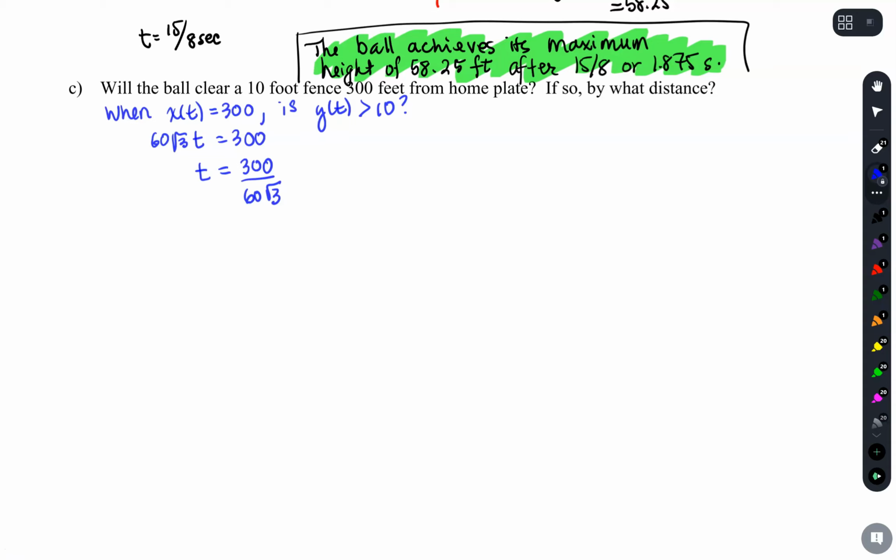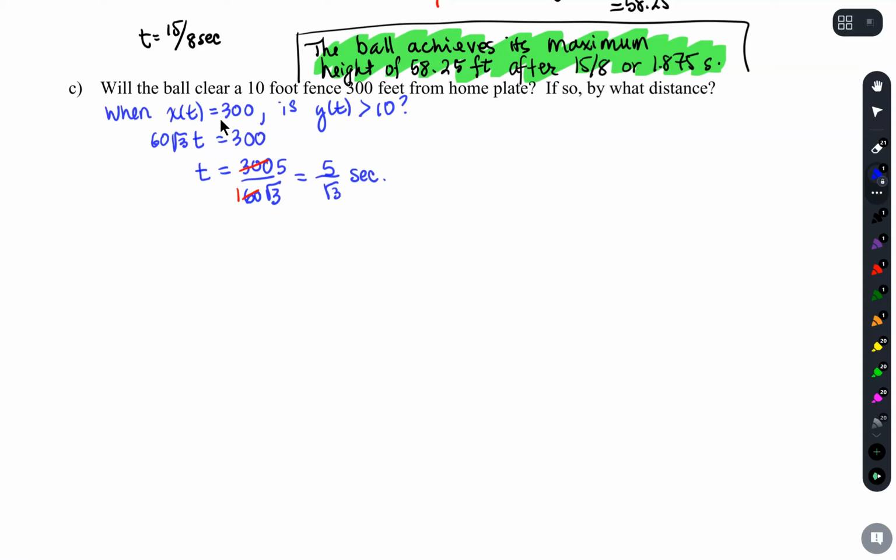We can divide both the numerator and the denominator by 60. 60 divided by 60 is 1. 300 divided by 60 is 5. So this is 5 over square root of 3 seconds. So that's the time at which the ball has gone 300 feet horizontally.